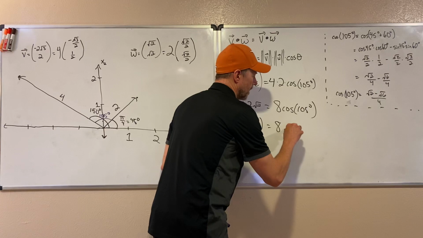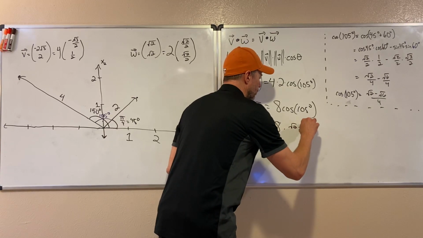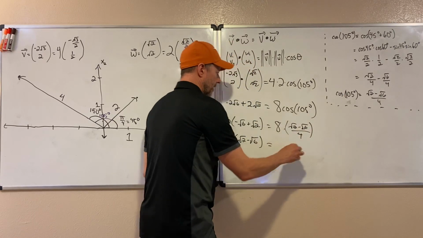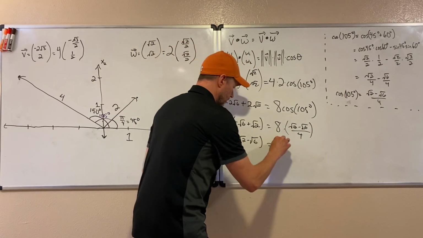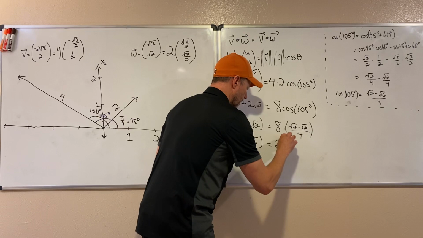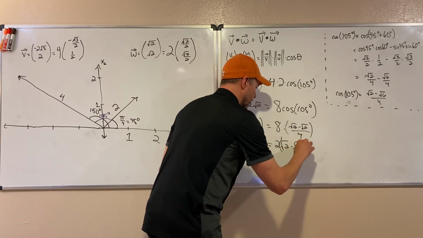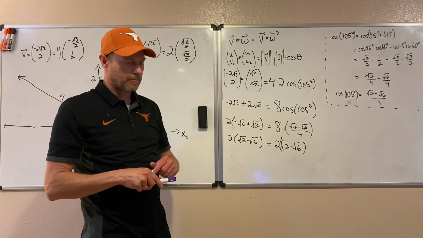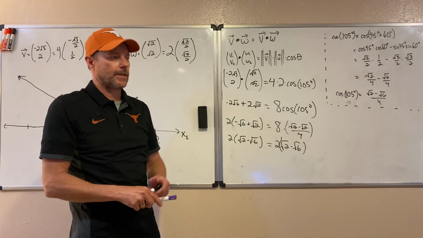So it's 8 times root 2 minus root 6 all over 4. But that simplifies, because 4 goes into 8 twice, to 2 times root 2 minus root 6, which is what we got using the first definition. So we see that both definitions, of course, give us the same number.